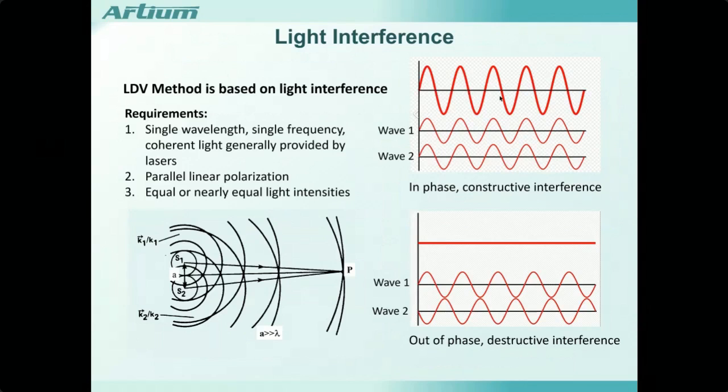Remember that light frequencies are on the order of 10 to the 13 hertz, so it's impossible for any detector to measure these frequencies. But interferometry, of course, allows us to use the method. When we have the light waves out of phase, we get destructive interference, and so there's a dark zone, and that'll be seen a little easier on the next slide.